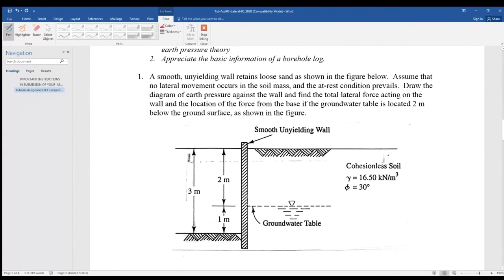So you have the soil properties here, right? Gamma 16.5 kN per cubic meter, and the friction angle 30 degrees, and cohesion, what does that mean? C is 0, right? You have no cohesion.